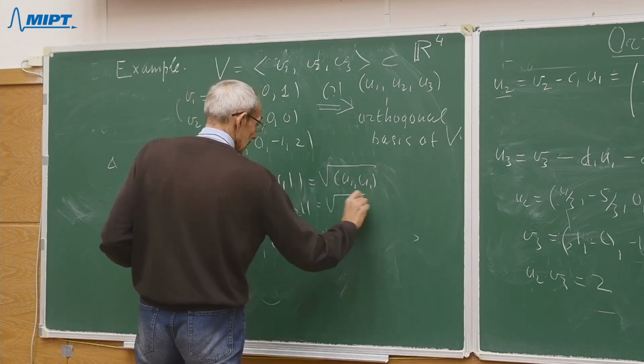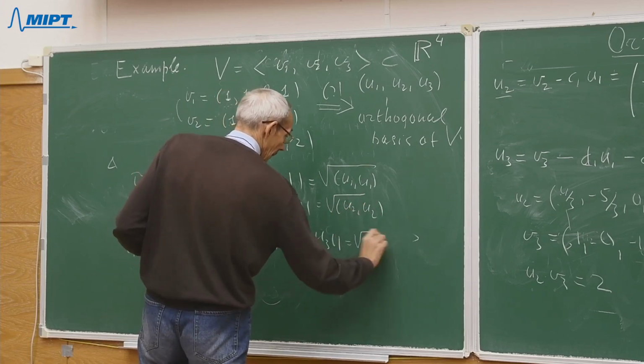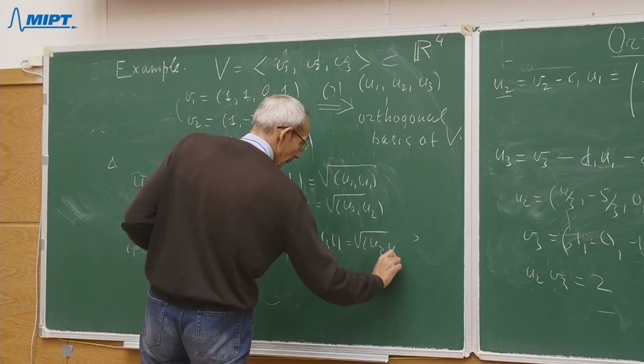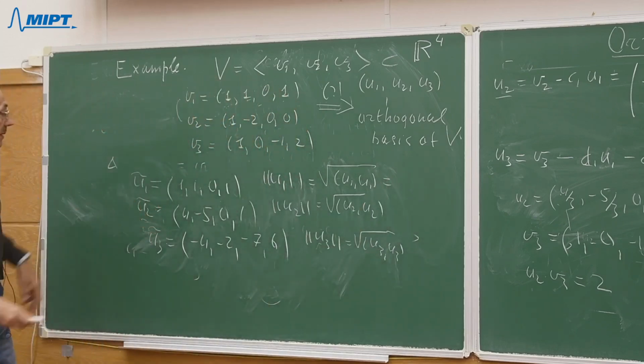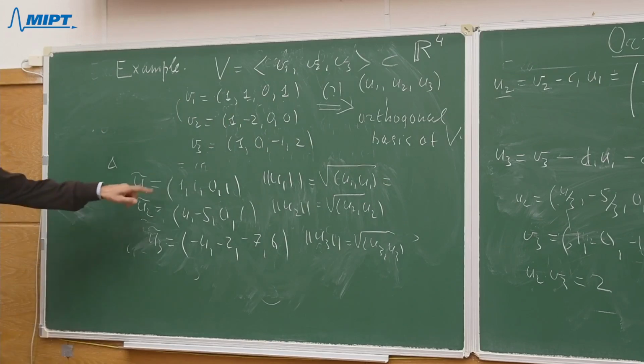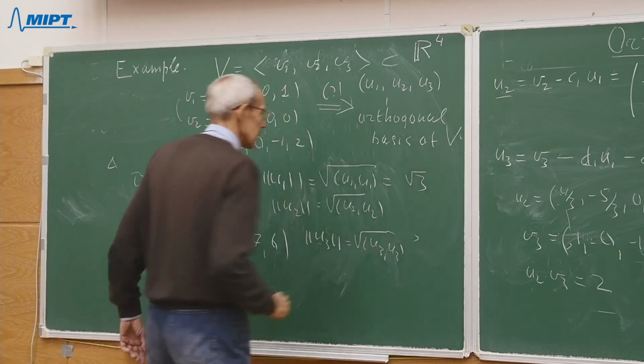And this vector, it is easy to see that the scalar square of this vector is equal to 3, and the norm is equal to the square root of 3.